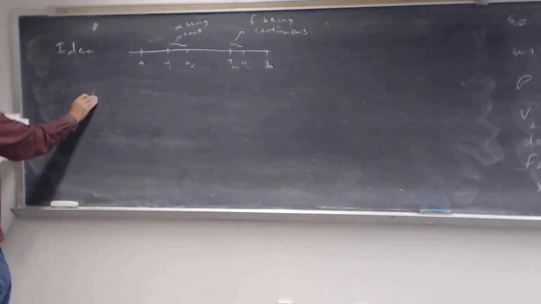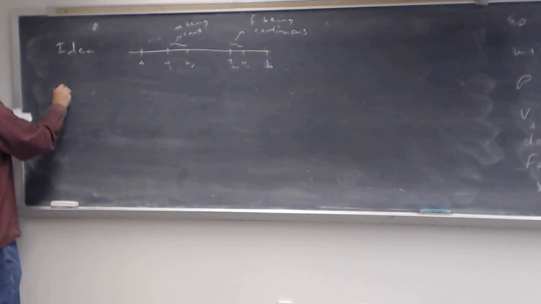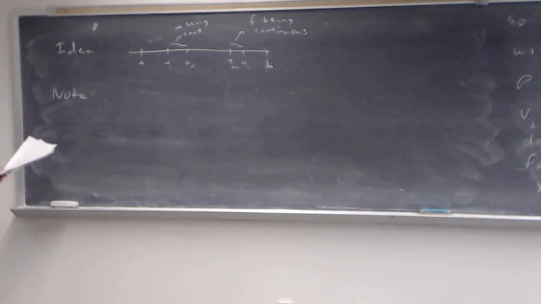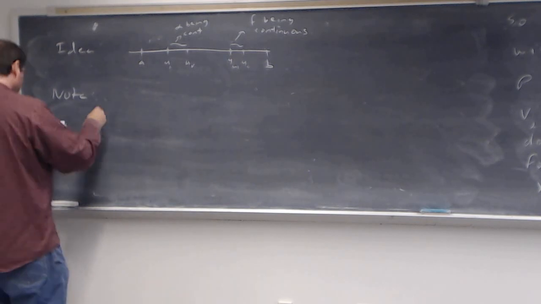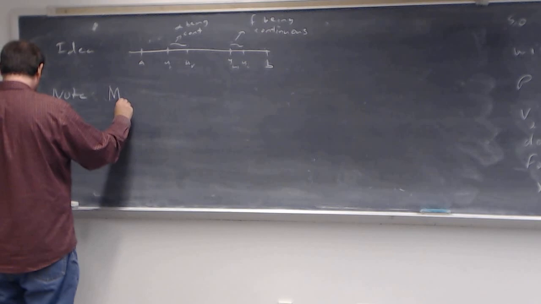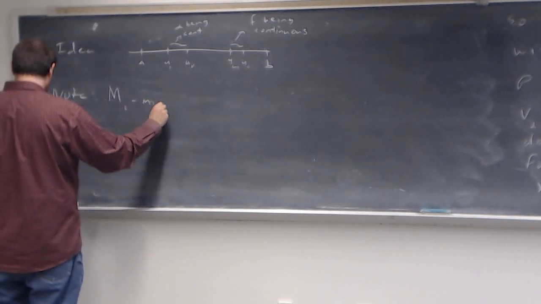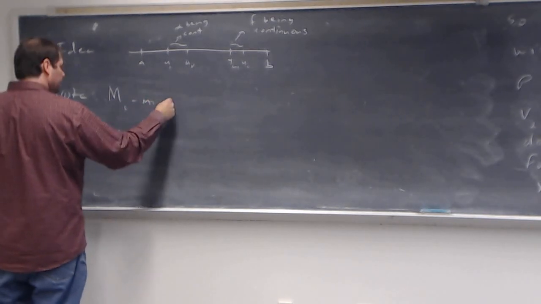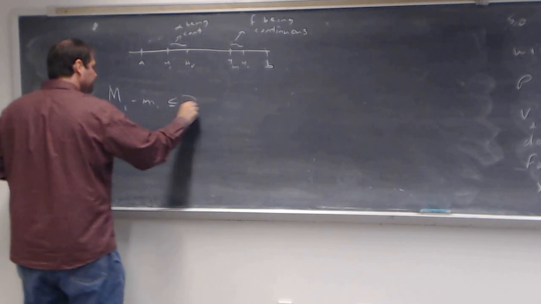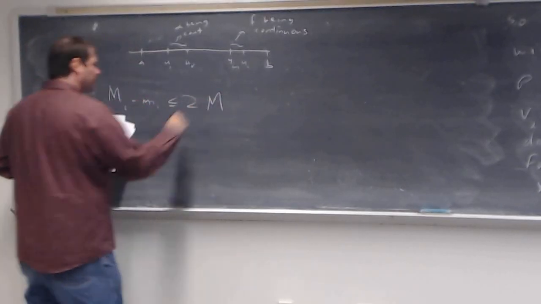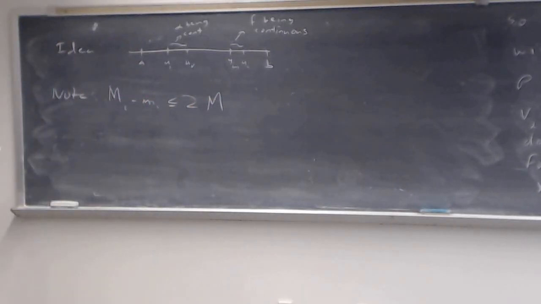Okay, here's one thing to note before we look at the difference between the upper and lower sums: the maximum value, the sup, minus the m on an interval is going to be less than 2 times m. Remember, m was the sup of the absolute value of f(x).